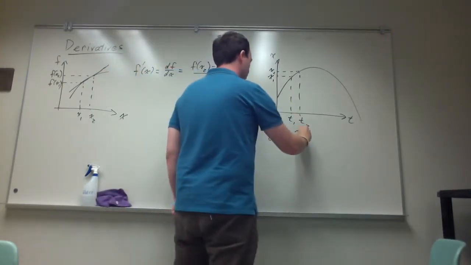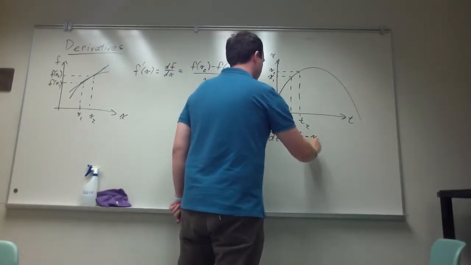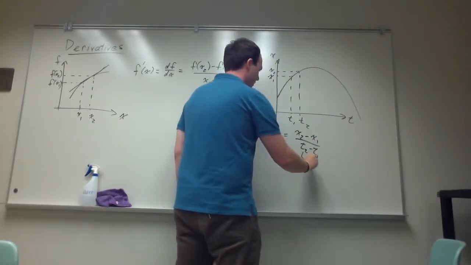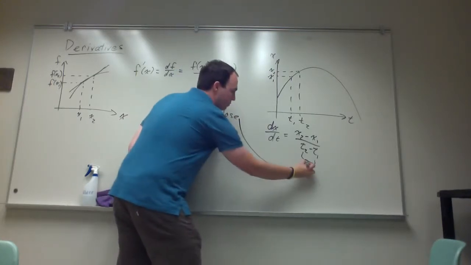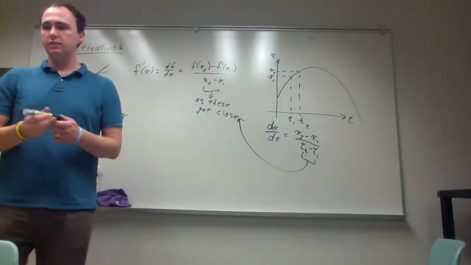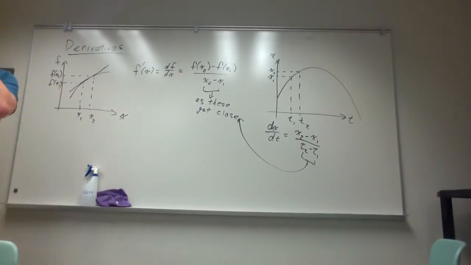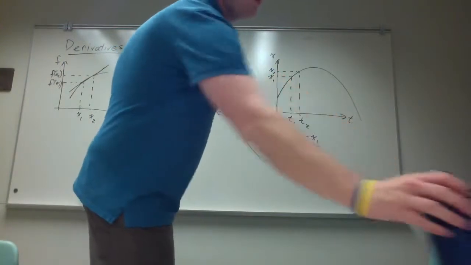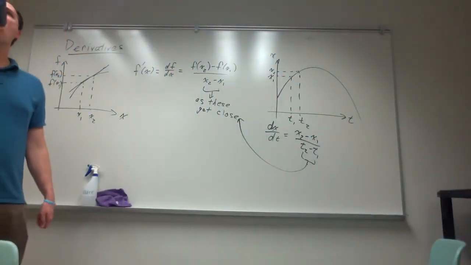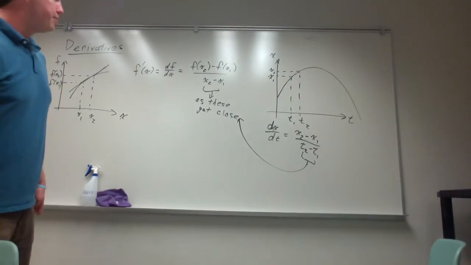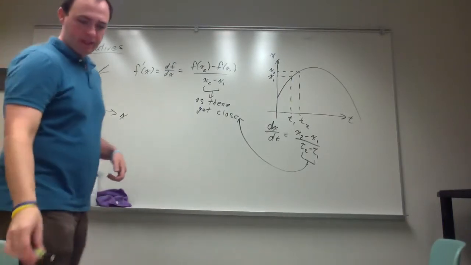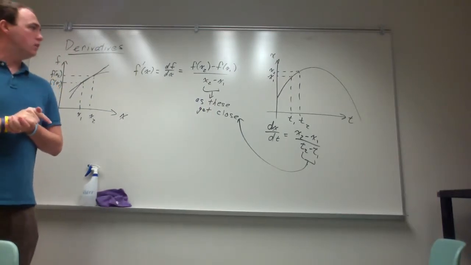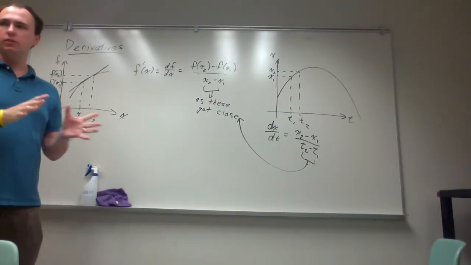Right, so it's just x2 minus x1 over t2 minus t1 as these become close. So, any questions so far?